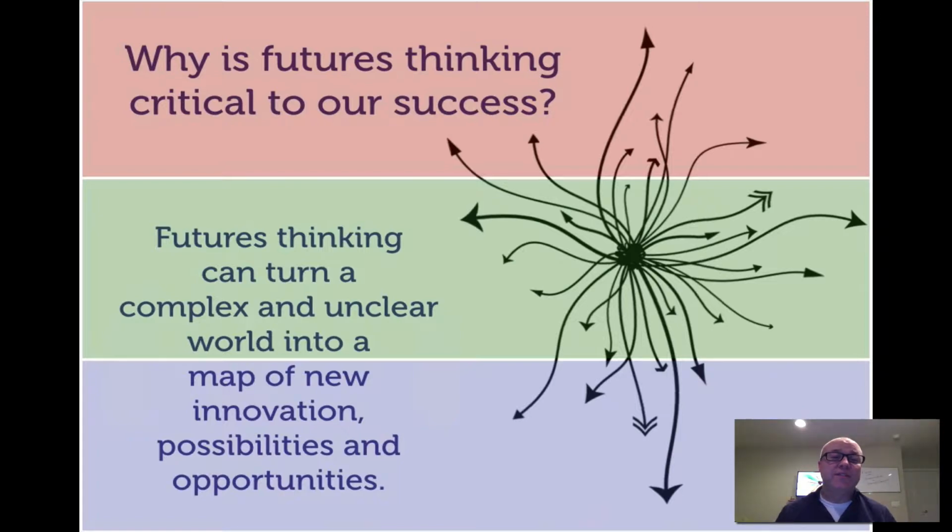Futures thinking doesn't only turn a complex and unclear world into a map of innovation. It does that because the more complexity grows, the more complex things become. The C in our VUCA acronym, the more space, the more landscape we have for innovation, for creation, for opportunity, identification, and development, because it's the natural order of things. When things grow up, when they mature, they become more complex. When a baby grows to a teenager, to an adult, they don't become more simple.